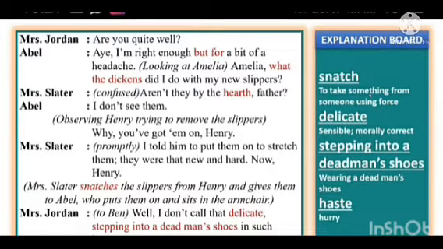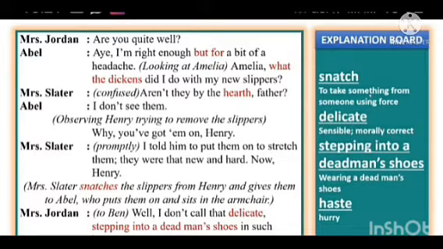He asked like that. And again here Mrs. Slater says promptly, "I told him to put them on to stretch them. They were that new and hard, now, Henry."